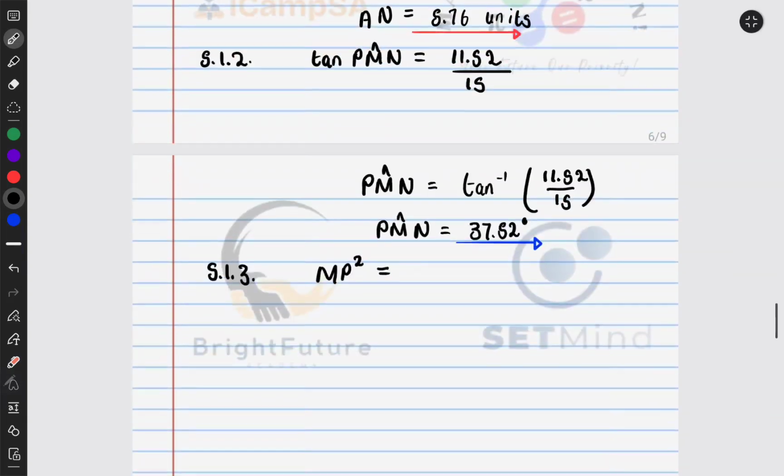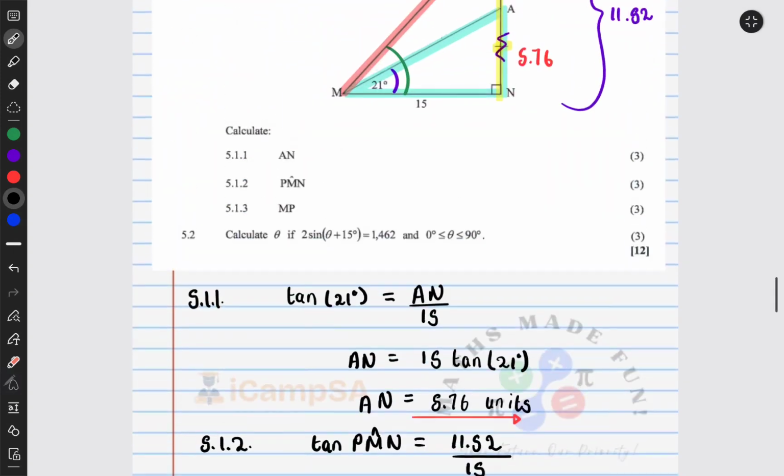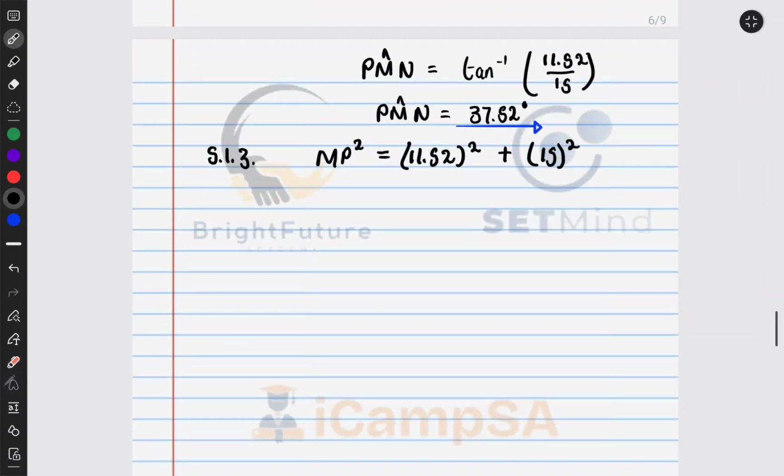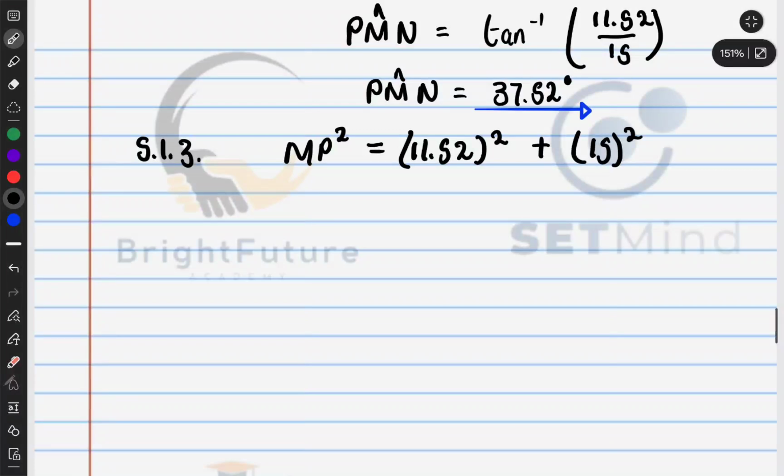It is 11.52 squared plus 15 squared. 11.52 squared is 132.7104, plus 15 squared, which is 225.